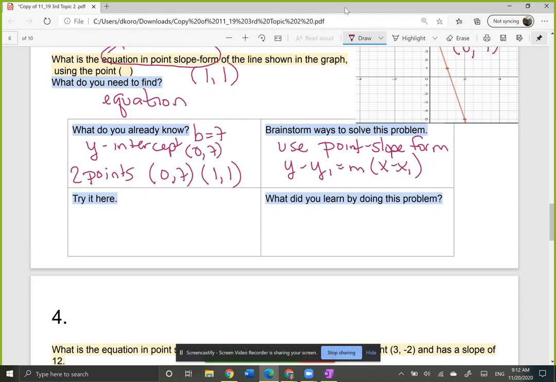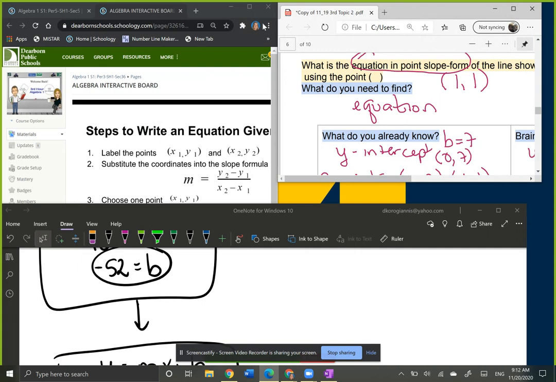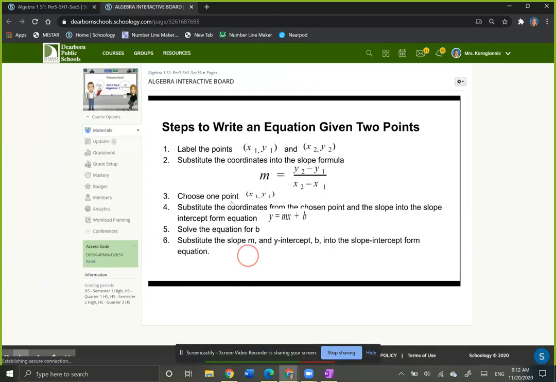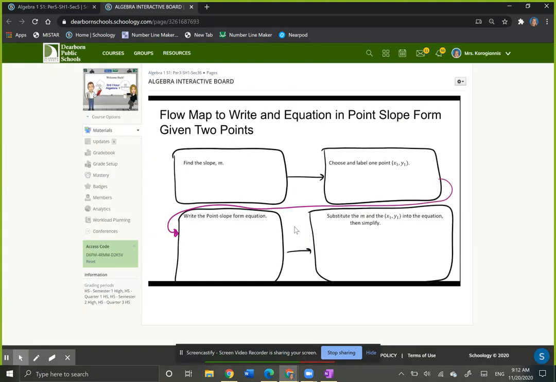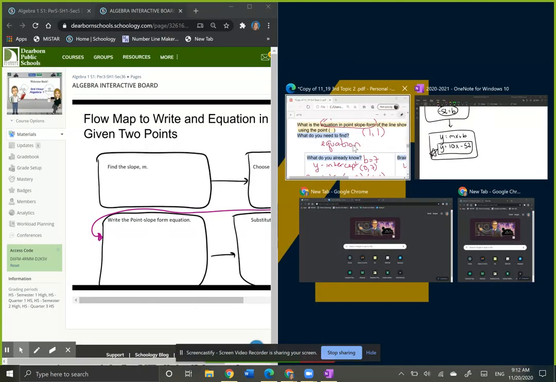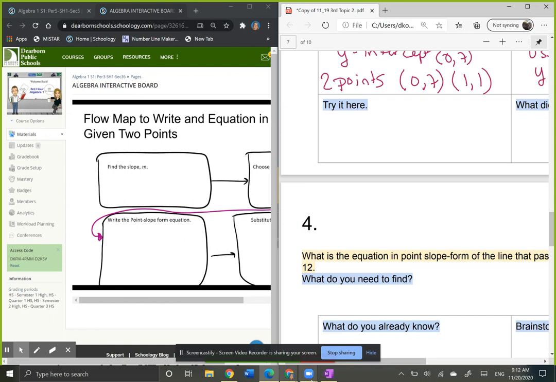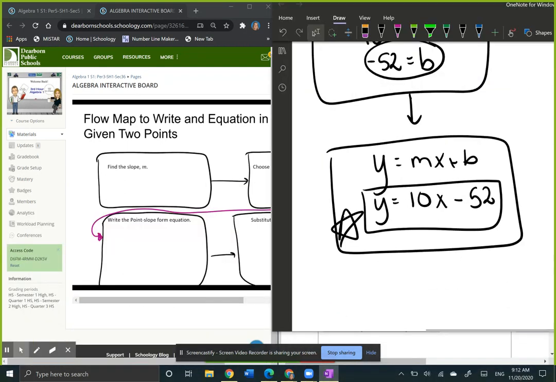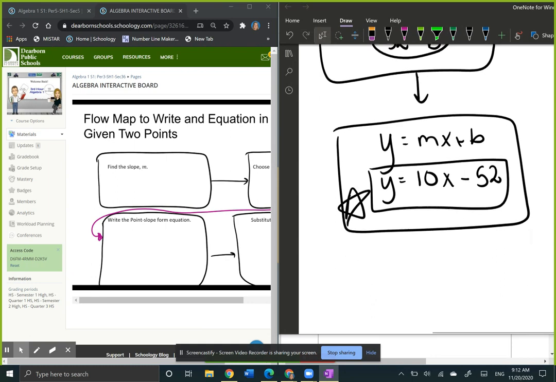And now if we go back to this whiteboard, I have the steps: flow map to write an equation in point slope form given 2 points. So we need to find the slope. Everything that you need, I have on this whiteboard here. So let me do this again so that I can have a little more room and show you how to do this.